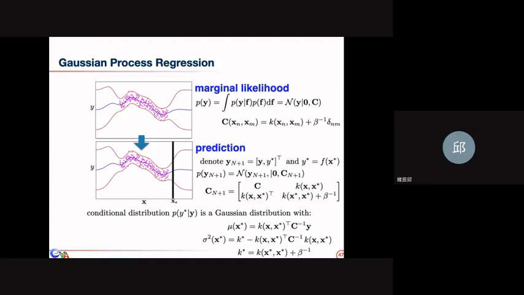Together we name this y n plus 1. And y star is basically equal to f of x star, where x star is a test input.